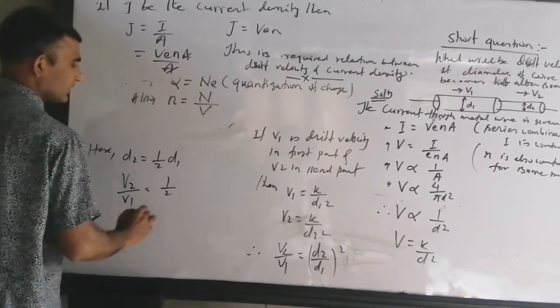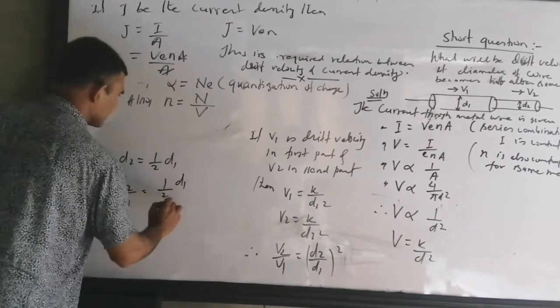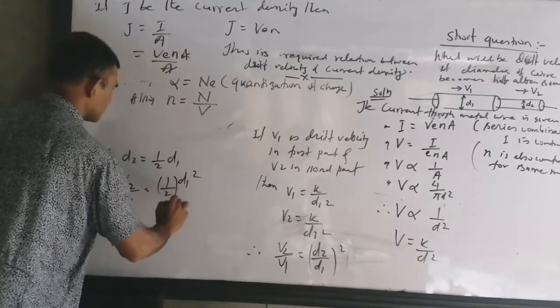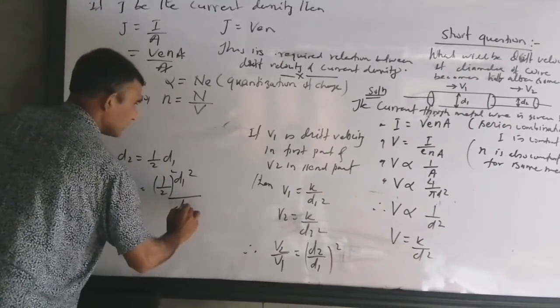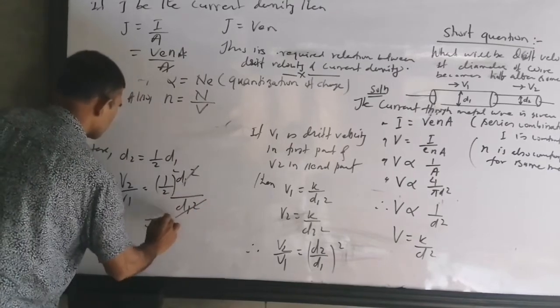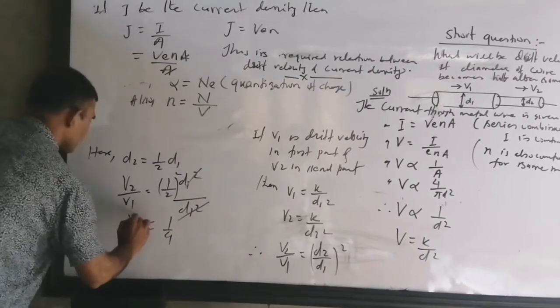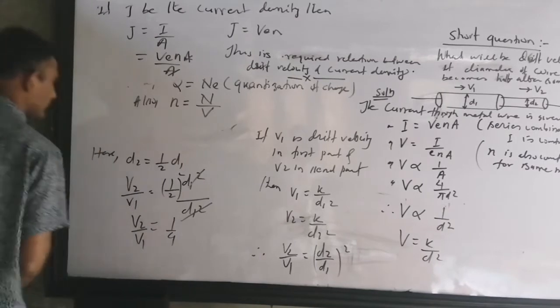So V2 by V1 equals (1 by 2) square, and d1 square cancels, so this becomes 1 by 4.